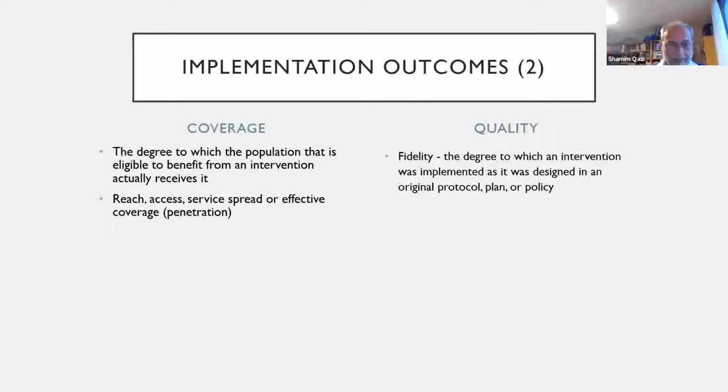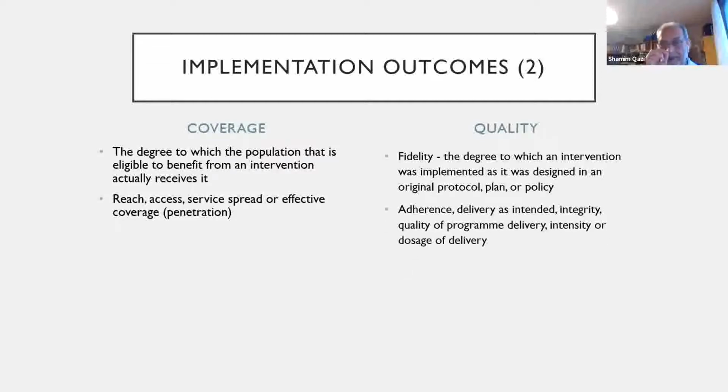But many times you would find that your health workers were not following these guidelines. So they had to be communicated with, and refresher trainings were held and other things, so that they would follow the actual guideline which was being implemented by the government of India. So adherence and delivery as intended, integrity, these are very important aspects of various interventions and the implementation that one is trying to promote.